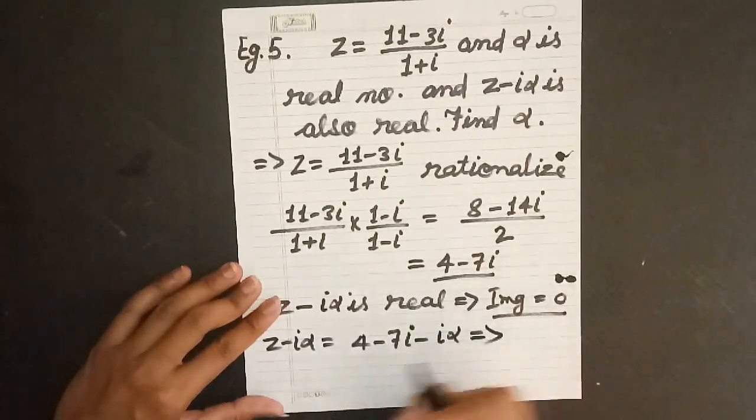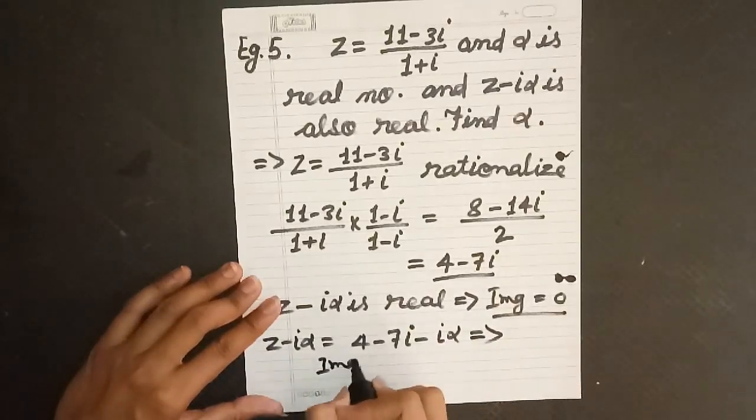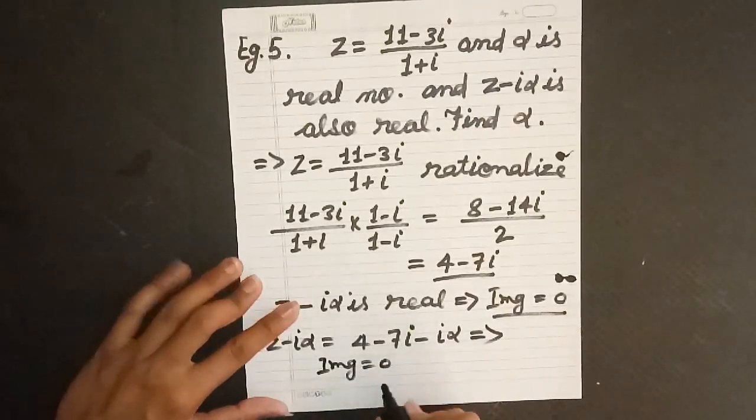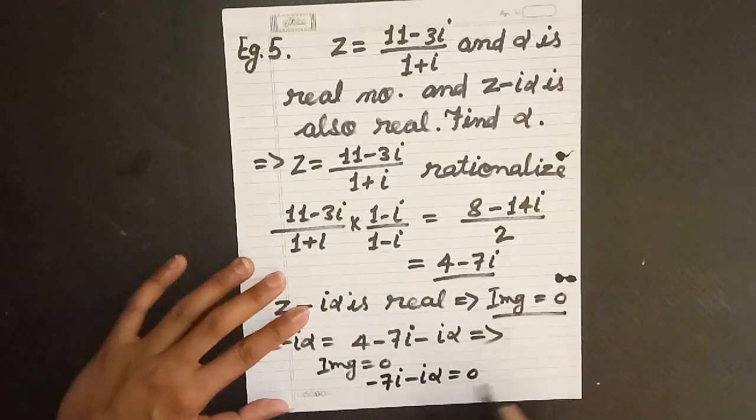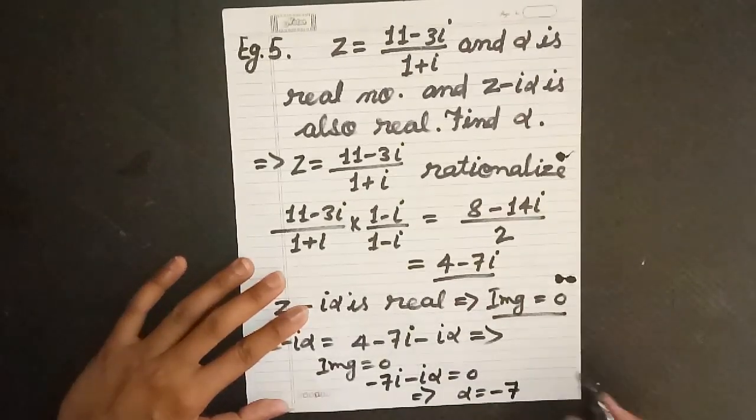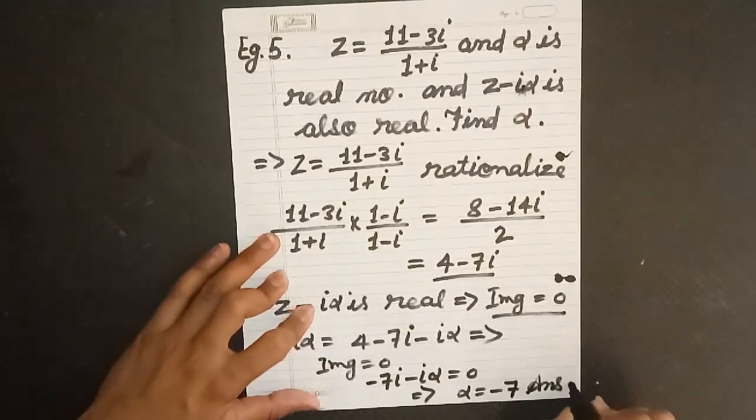So it gives us the imaginary part should be 0. Now let's compare the imaginary part to 0. Minus 7 minus alpha is equal to 0. It gives alpha is equal to minus 7. So this is the value of alpha.